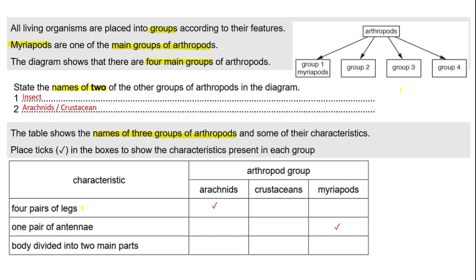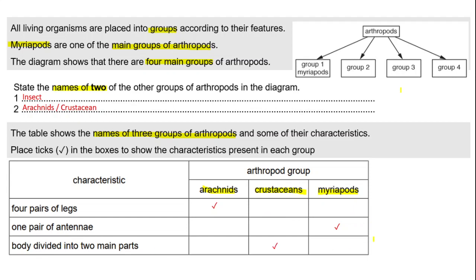Insect is not shown here, only arachnids, crustacean, and myriapods are shown. Insect and myriapod have 1 pair of antennae.